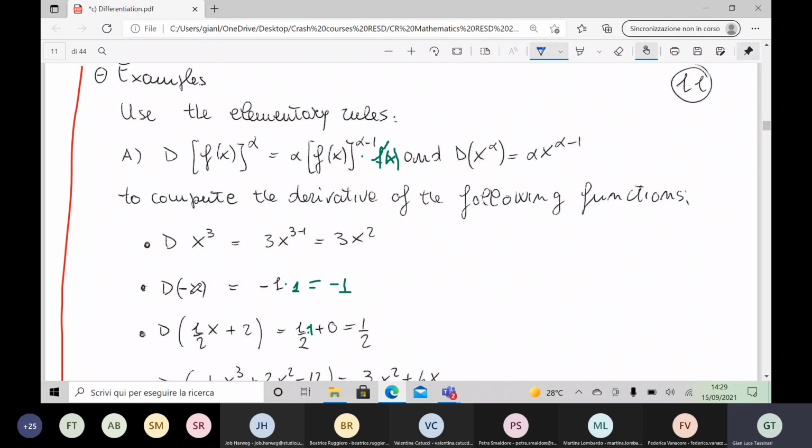So I added it, but okay, only for the first example, guys. Equal to minus 1. So the derivative of minus x is equal to minus 1. And this is obvious because y equal to minus x is the bisector, guys, of the second and fourth quadrant. And its slope is minus 1.